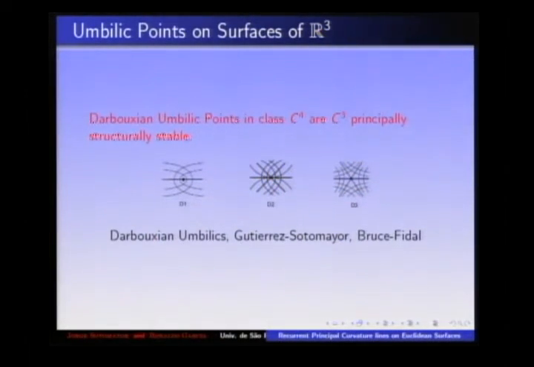So the verification of this formula for the C finite category, in Darboux it was for C analytic, and it was with Gutierrez that we found first these proofs for finite class of differentiability, and then more qualitative, more geometrical, and more synthetic form by Bruce and Fidal.